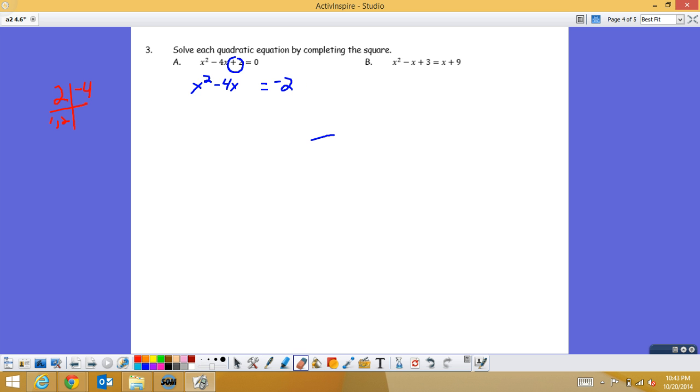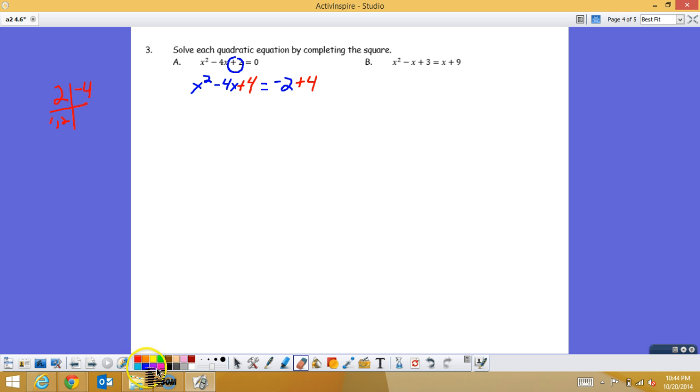Now, next we're going to add the same thing to both sides. We're going to take this b term, this 4, and take half of it. Half of 4 is 2, and then we're going to square that. So 2 squared is 4. So we're going to add 4 to both sides.